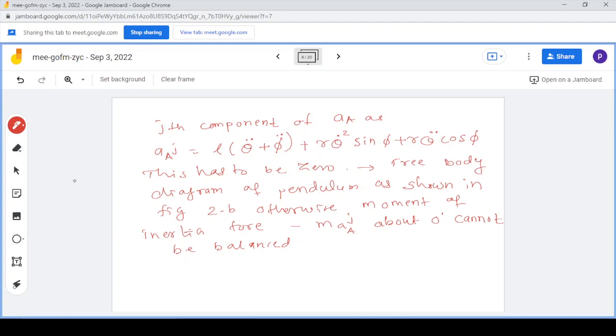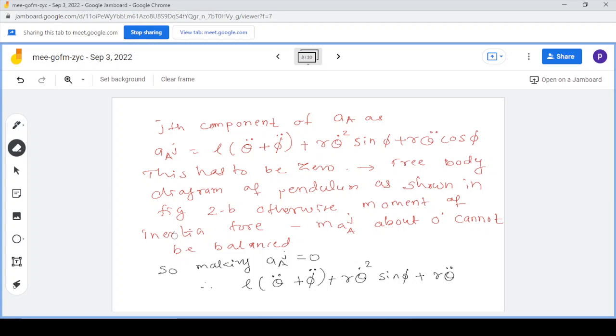So making AAJ equal to zero, therefore we can write L into theta double dot plus phi double dot plus r theta dot square sin phi plus r theta double dot, sorry, not double dot square, r theta double dot into cos phi.